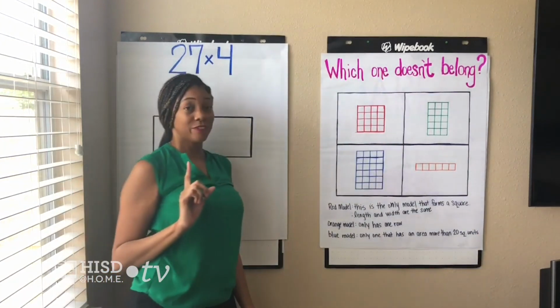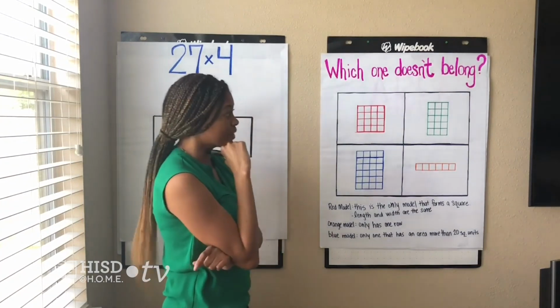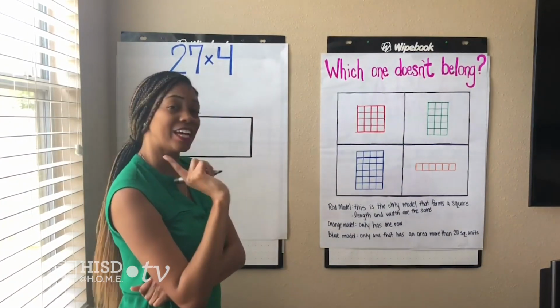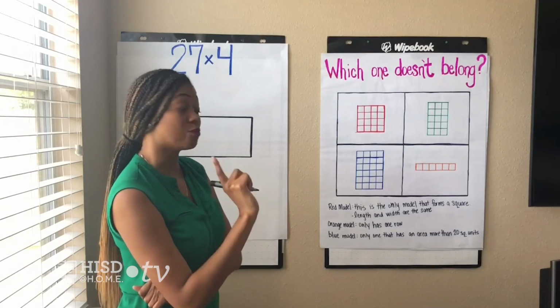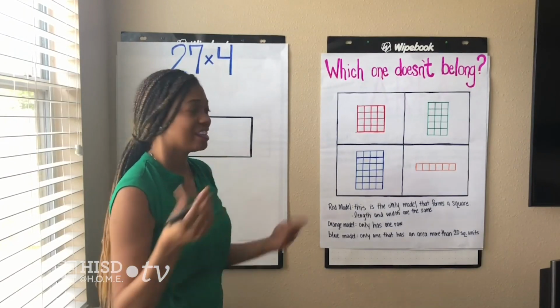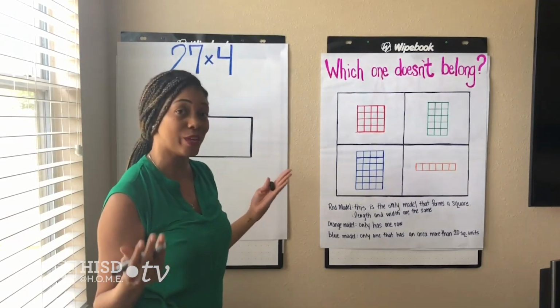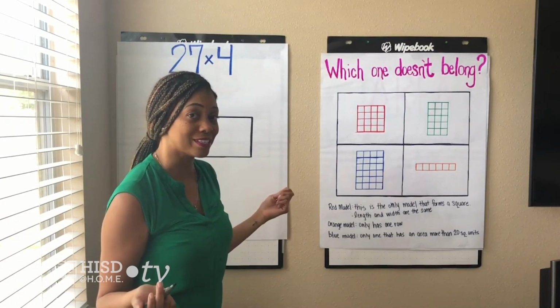There's one model left. What about the green model? If I look at the green model, I notice that it has 5 rows and 3 columns. That's the only one where the length and the width are both odd numbers.